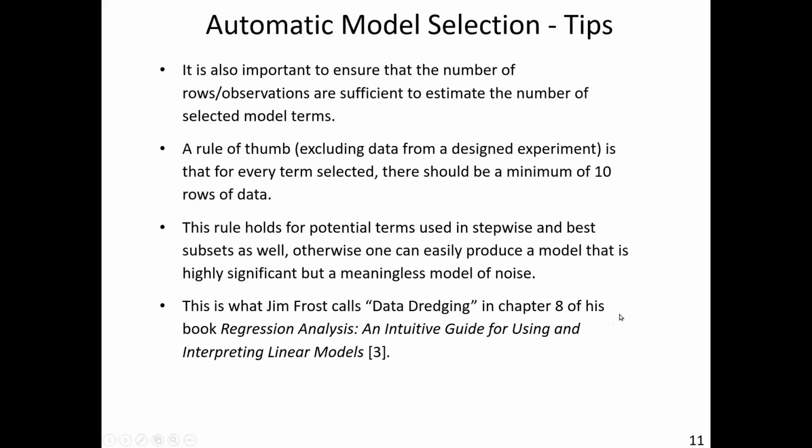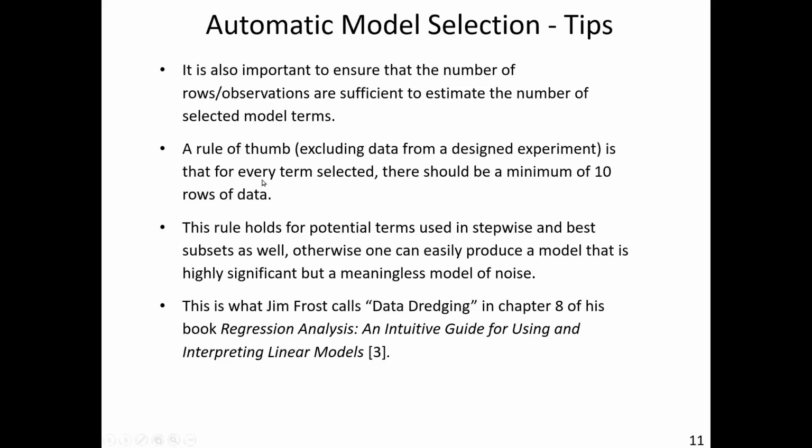He's got a really nice simulation study where, if I recall, he uses 100 terms and 30 rows of data, and he builds very beautiful looking models which are completely meaningless. By the way, if you are in this situation, it's a good idea to do in-sample, out-of-sample testing. You reserve some of the data for out-of-sample testing, and then you can at least do a sanity check.